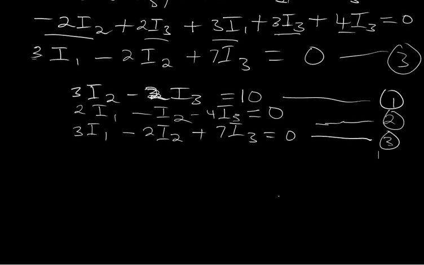So how do we solve this equation now? This is not just a simple simultaneous equation with two variables. This is a system of equations that has three variables. I know very well that the method of substitution we used previously will work here, but it will be so tedious.